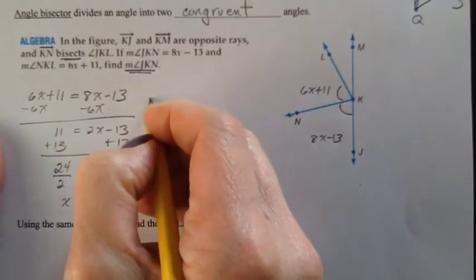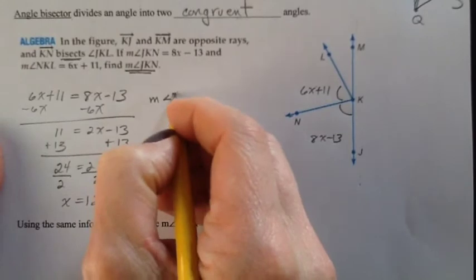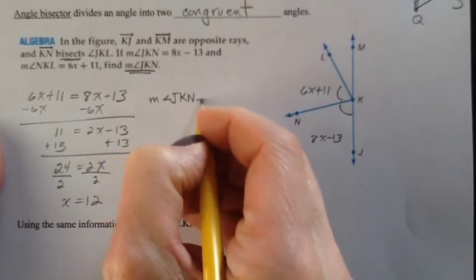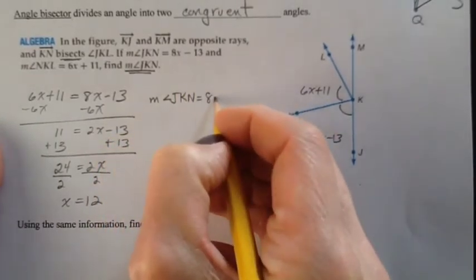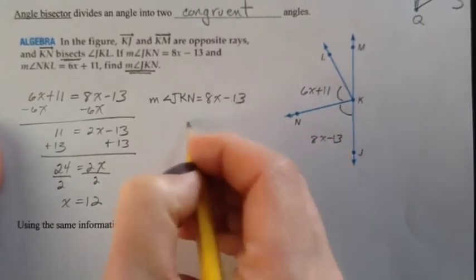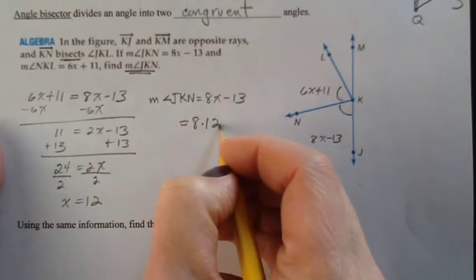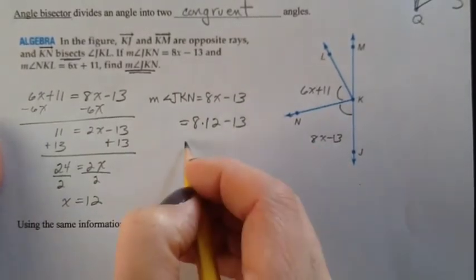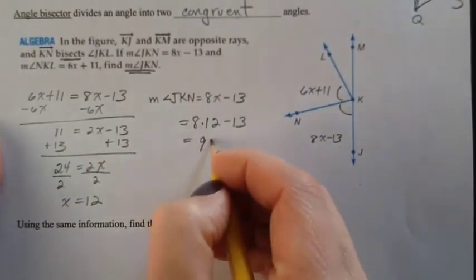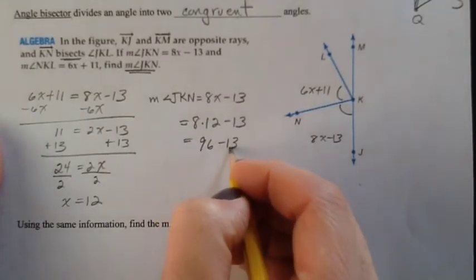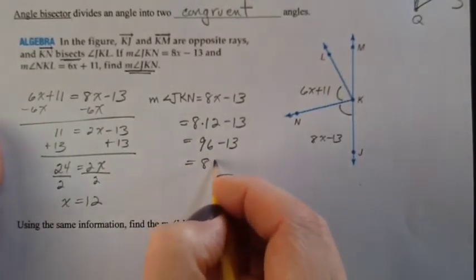So now we have to find the measure of angle JKN, which equaled 8x minus 13, which equals 8 times, substitute this in, 12, minus 13, 96 minus 13, 83.